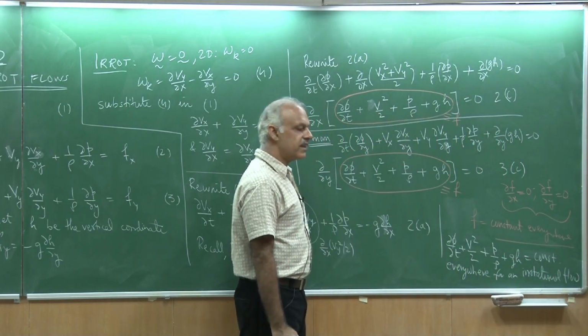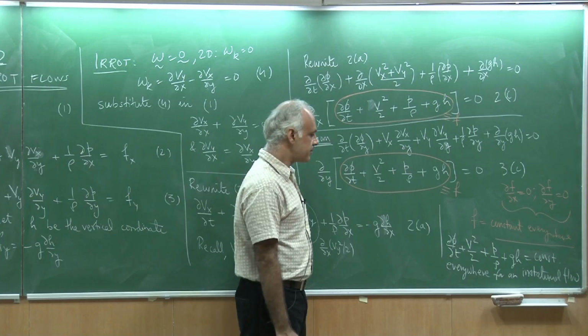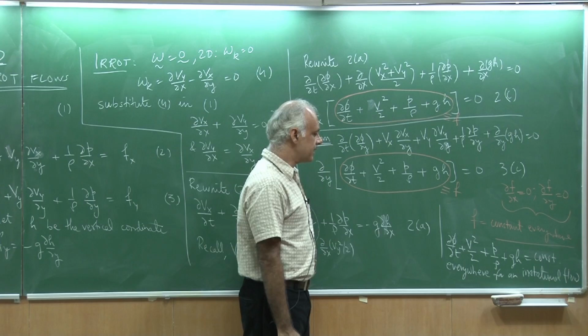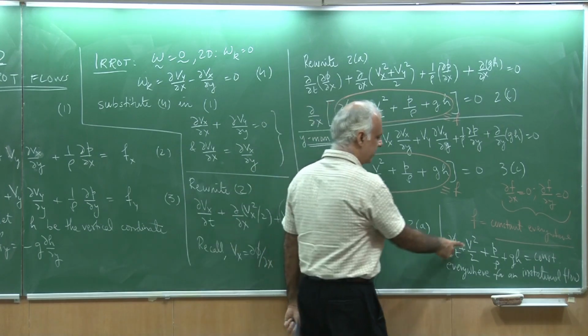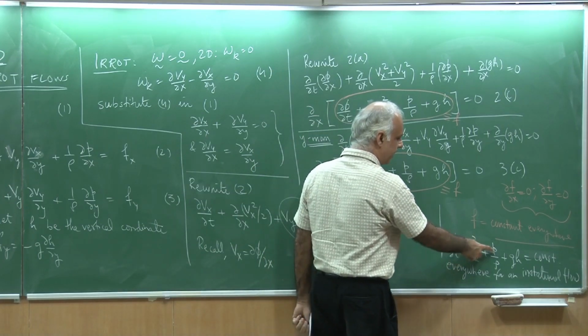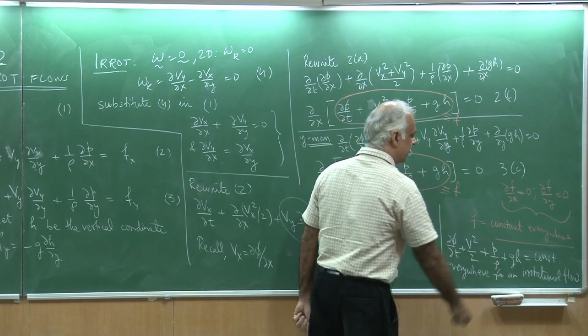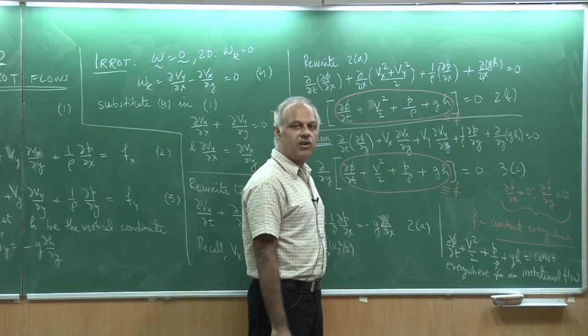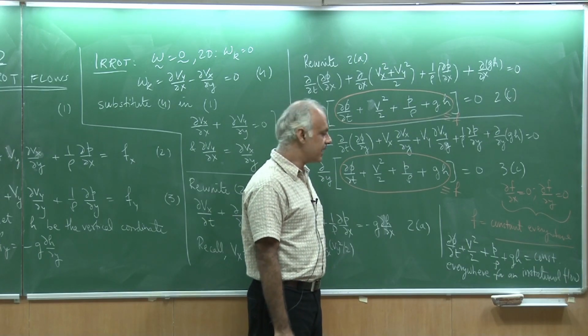I would like you to recollect the Bernoulli's equation. We had derived the Bernoulli's equation from the energy equation, which simply said that v square by 2, the kinetic energy part, the p by rho and GH is a constant, but that was constant along a streamline, for a general kind of a flow.